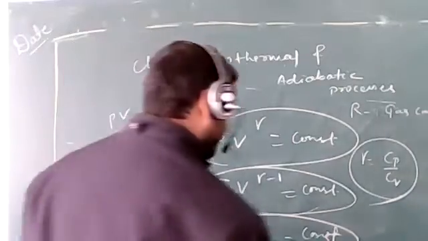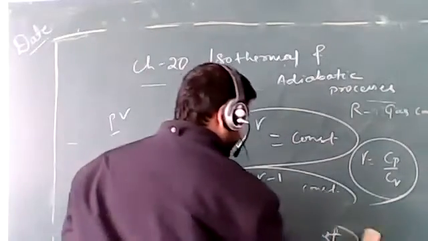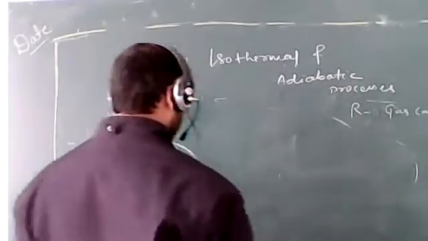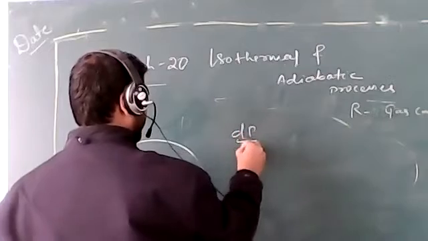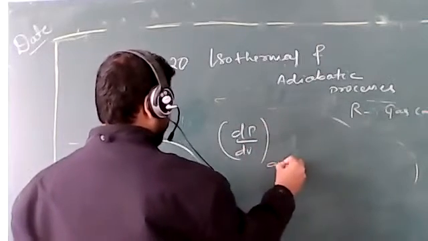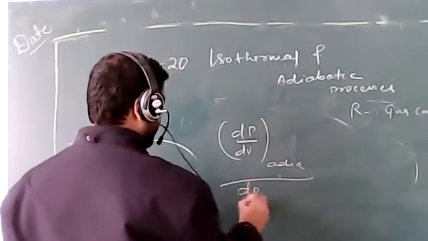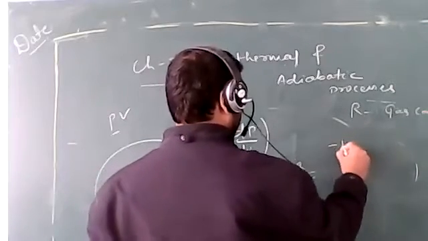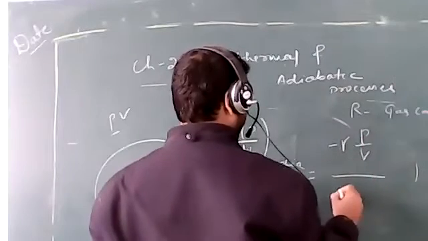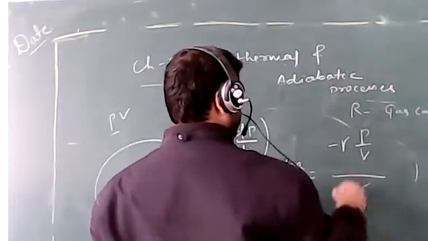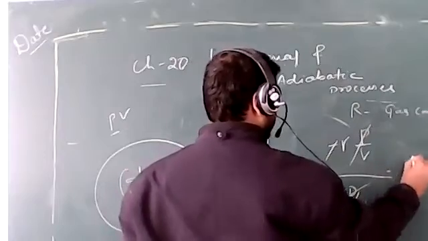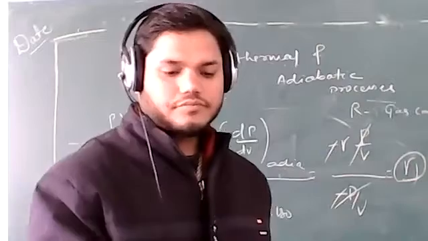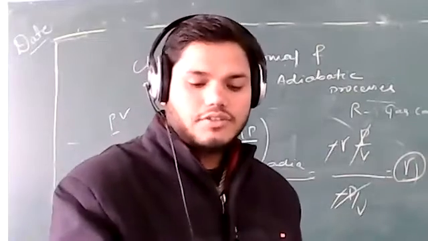If you find dP upon dV for the adiabatic process, and we have already found dP upon dV for the isothermal process, then what will happen? dP upon dV for the adiabatic process divided by dP upon dV for the isothermal process is gamma P upon V divided by P upon V, with the negative signs cancelling. What remains is only gamma. So it is the ratio gamma.